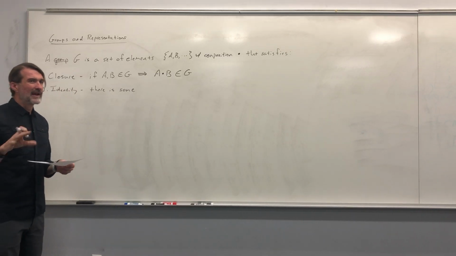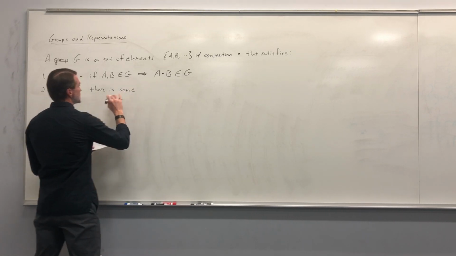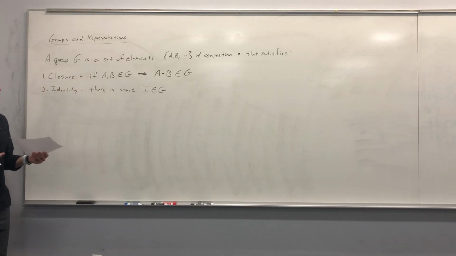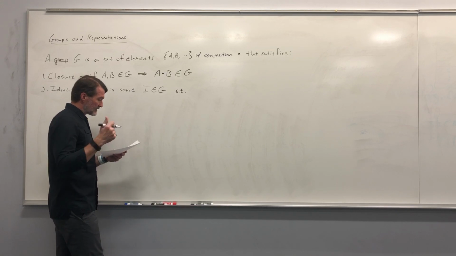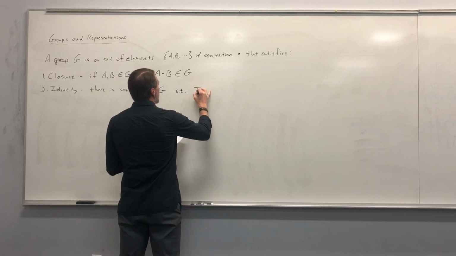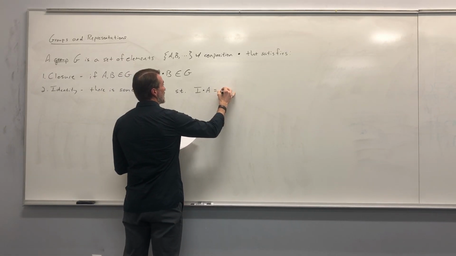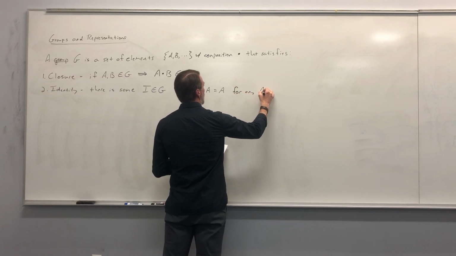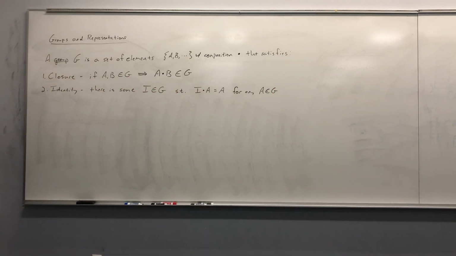In this class, I'm just going to call it I. In other classes, I might call it E because I is too restrictive, but I'll just call it I. There is some I in G, so there is some element of the set of elements of the group that we can call I, such that if I take I and compose it with any element A, I get back the element A, for any A in G. That's just a rigorous definition of what you know to be the identity.